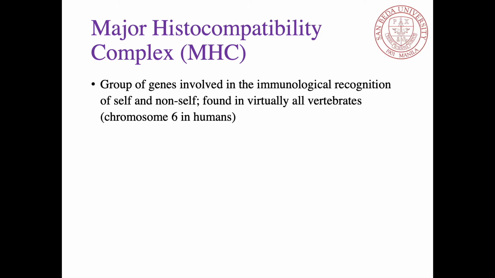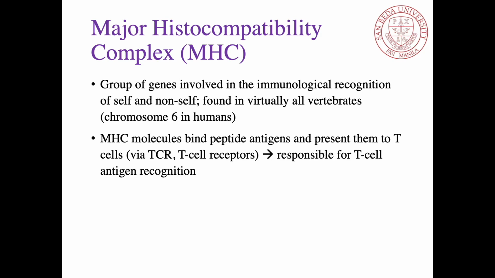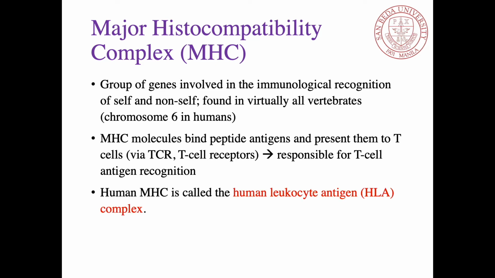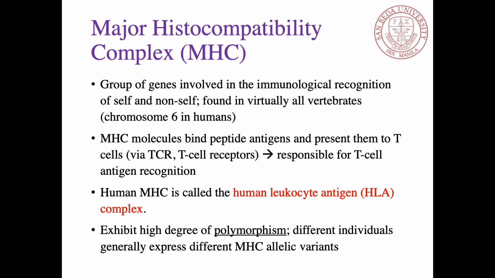The MHC molecules or proteins produced by these genes bind peptide antigens and present them to T cells via the T cell receptors. This is responsible for T cell antigen recognition. Human MHCs can also be called human leukocyte antigens, or HLA complexes. MHC exhibits a high degree of polymorphism. It means that different individuals generally express different MHC alleles or allelic variants.